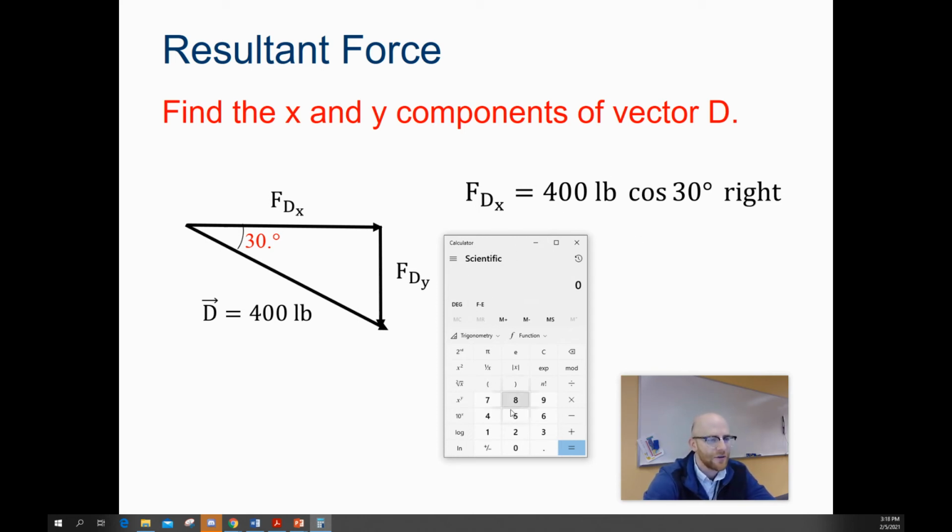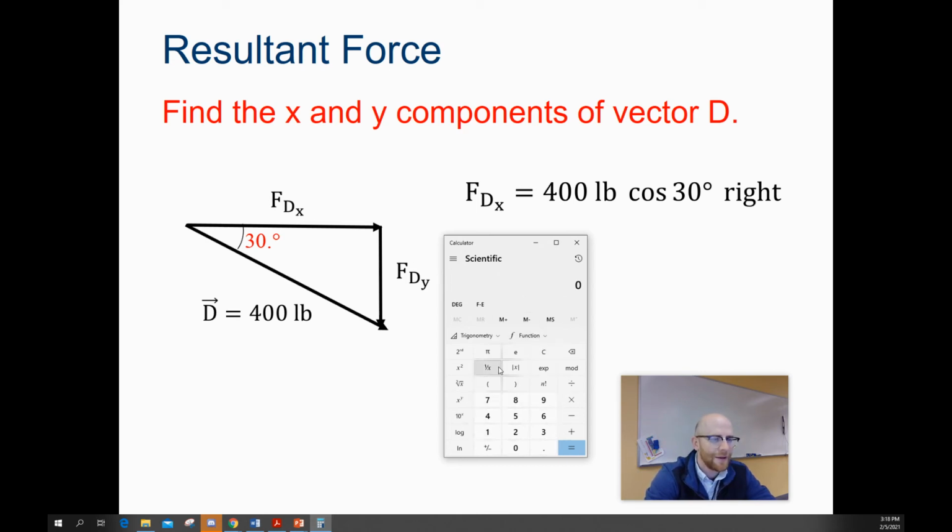So using cosine of 30, the cosine of this, multiplied by the magnitude, we're left with 357. They're probably going to say 356 pounds of force on the x-axis. What about on the y-axis?